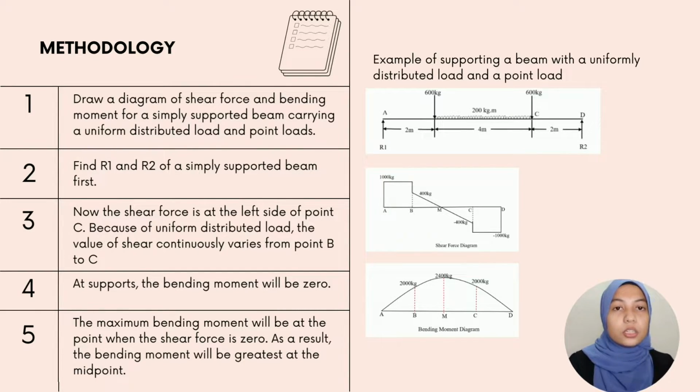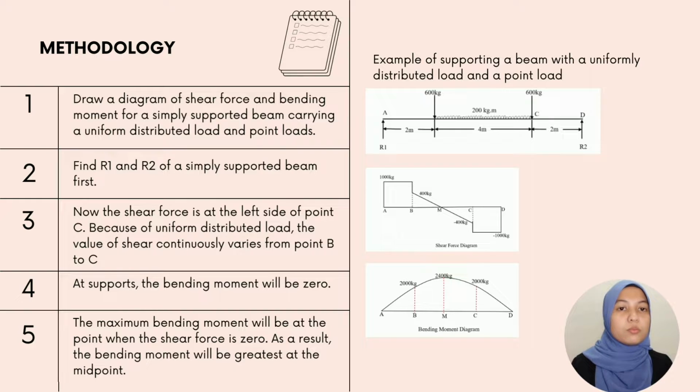First, draw a diagram of shear force and bending moment for a simply supported beam carrying a uniformly distributed load and a point load as shown in the slide. Second, we need to find R1 and R2 of the simply supported beam.